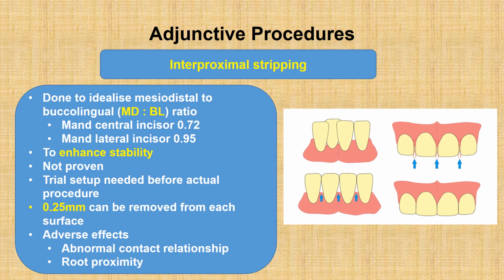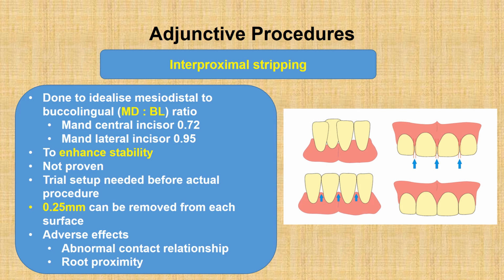Now, interproximal stripping. This is normally done to idealize the mesiodistal to buccolingual ratio. The mesiodistal to buccolingual ratio for the mandibular central incisor is 0.72, and for the mandibular lateral incisor is 0.95.